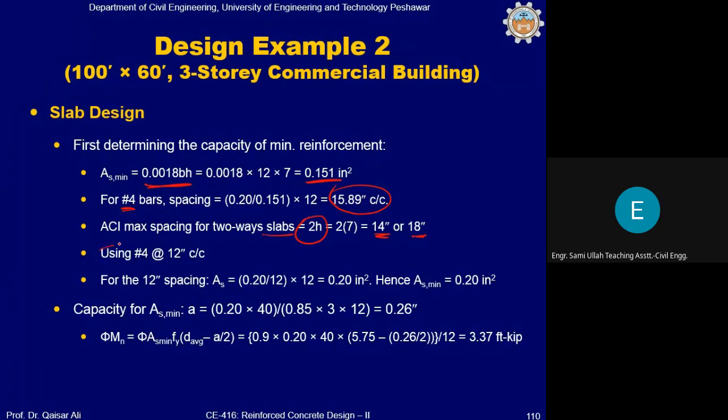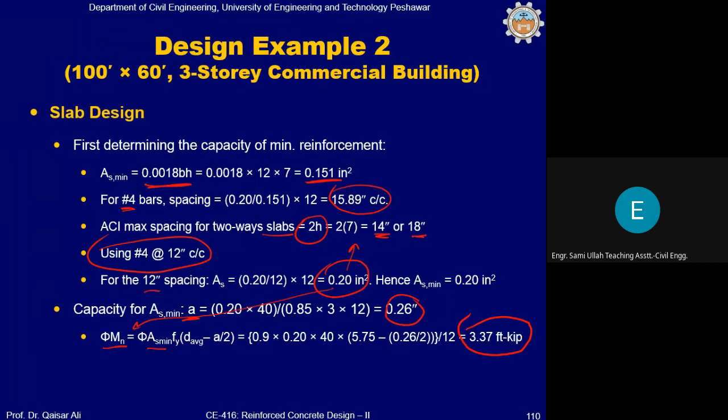If we use, for example, number 4 at 12 inch center to center, so for 12 inch spacing, the area is 0.2 inch square. Corresponding to 0.2 inch square, if you calculate the compression block depth, it is 0.26 inch. And if you calculate the moment capacity corresponding to minimum reinforcement, it is 3.37 foot cube.